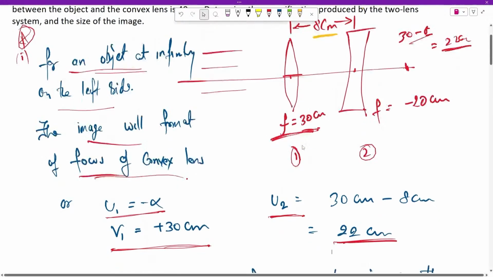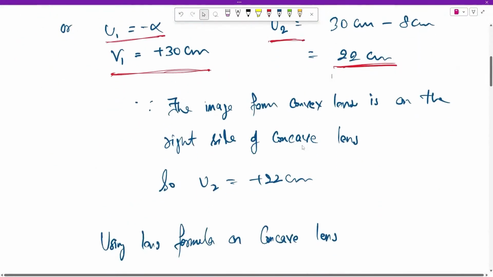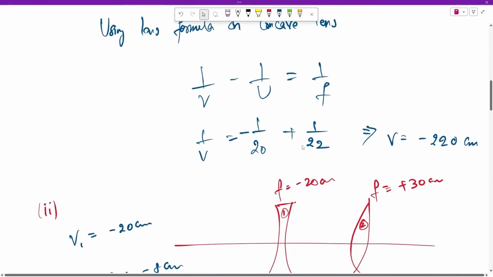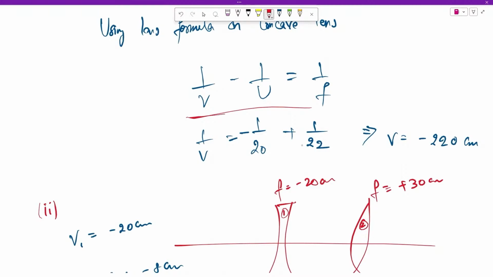Now using the lens formula for this second lens, we can find out the value of its v, that is the position of the image. So using this lens formula for this concave lens, we can write 1 by v equals 1 by f plus 1 by u, and 1 by u is 1 by 22 centimeter, and 1 by f is 1 by minus 20 centimeter, because the focal length is given as 20 centimeter, and since it is a concave lens we can write it as minus 20.